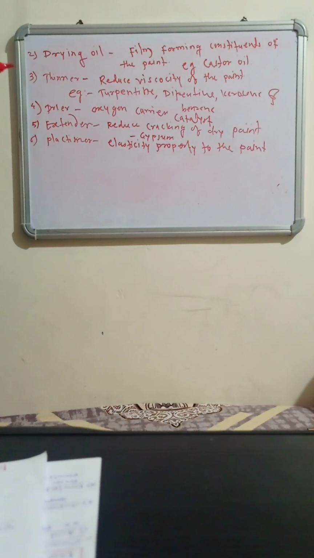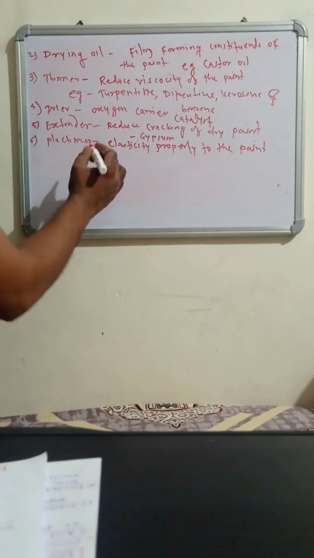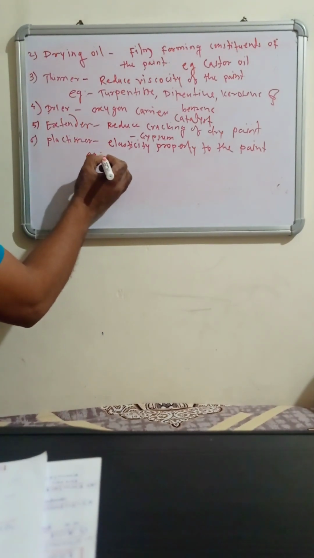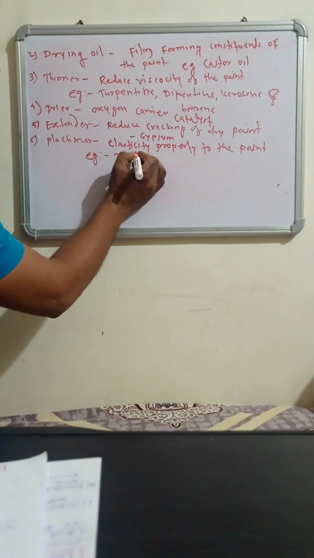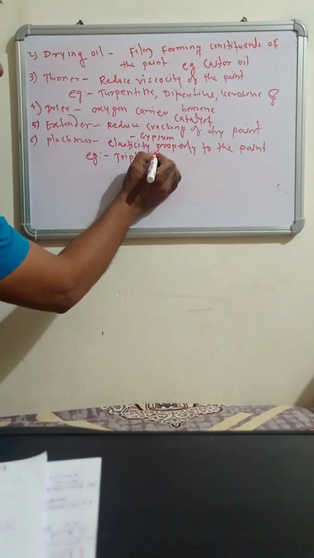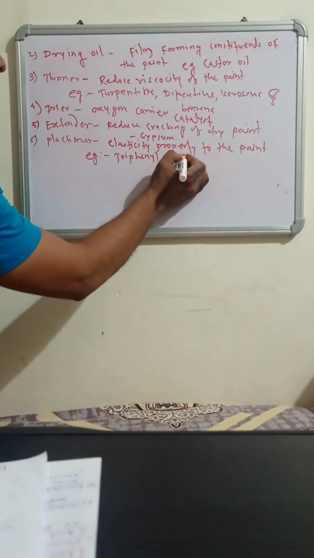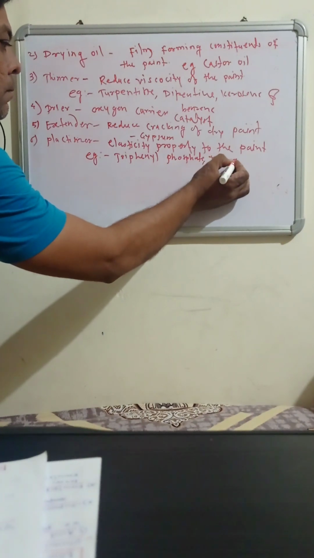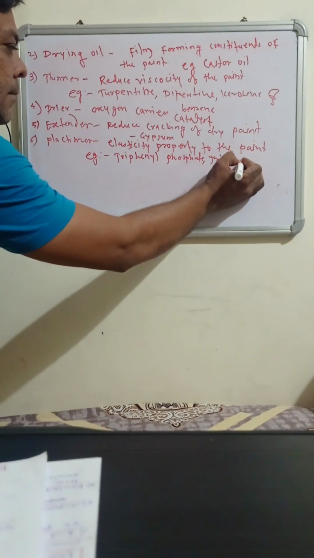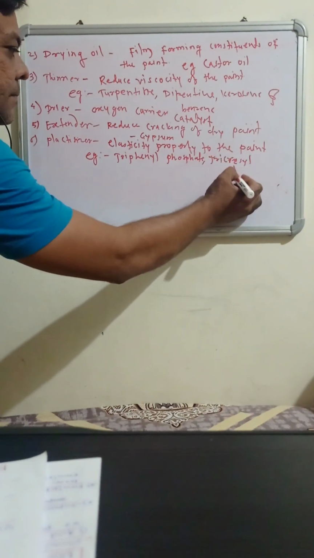So different types of plasticizer we have to use. That is triphenyl phosphate, tricresyl phosphate. प्लास्टिसायझर जे यूज करतो आपण पेंट मध्ये ते आहे ट्रायफिनिल फॉस्फेट, and tricresyl phosphate.